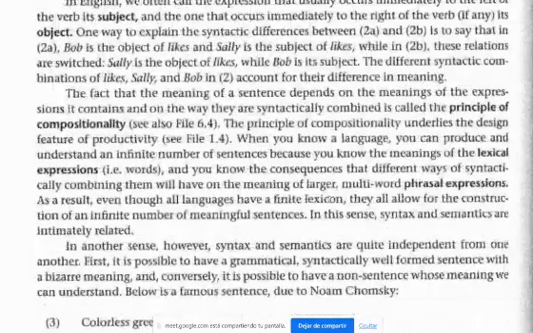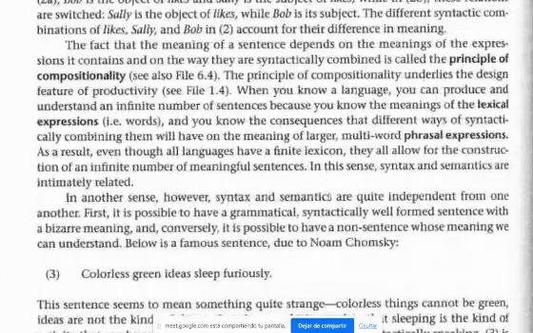The fact that the meaning of a sentence depends on the meaning of the expressions it contains and the way they are syntactically combined is called the principle of compositionality. The principle of compositionality underlies the design feature of productivity.